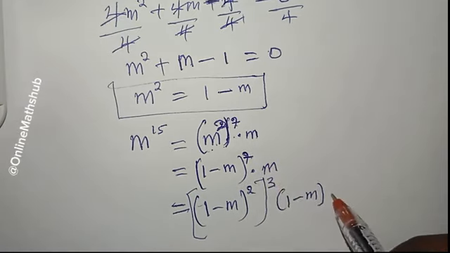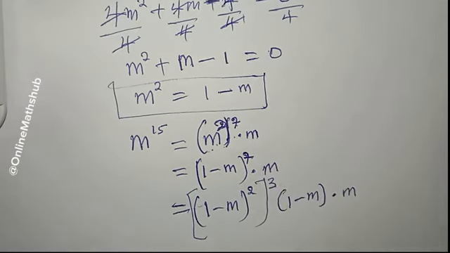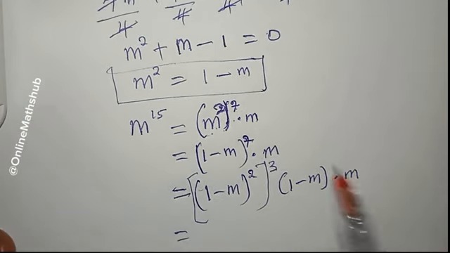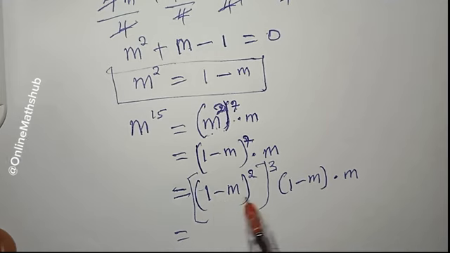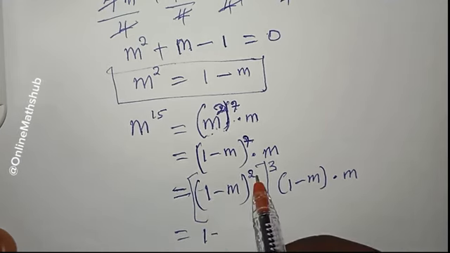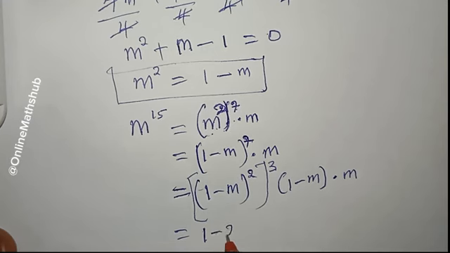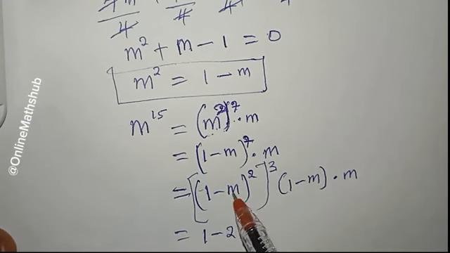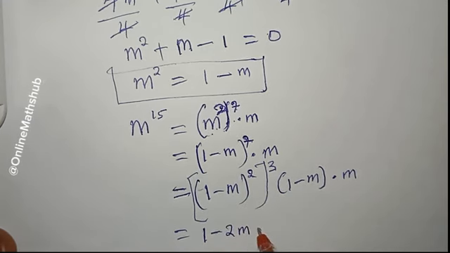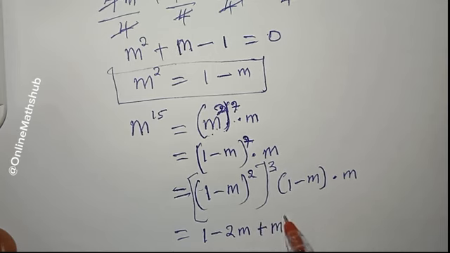And don't forget this m also multiplies by m. I am going to simplify the stuff inside the bracket, like we did the first one, so we open the bracket: 1 times 1 is 1, 2 times 1 times -m gives -2m, and -m times -m gives plus m squared.